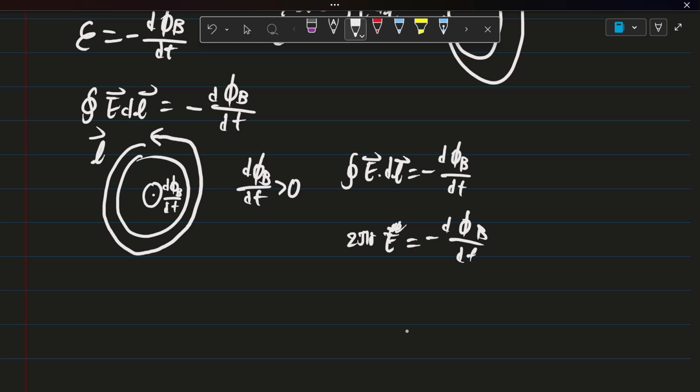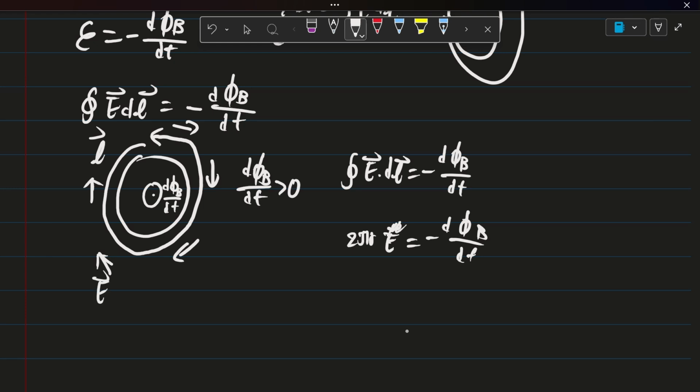So we can straight away determine the magnitude of the electric field. And not only that, we also know the direction. The direction of the electric field should go in this direction. So this is our electric field.